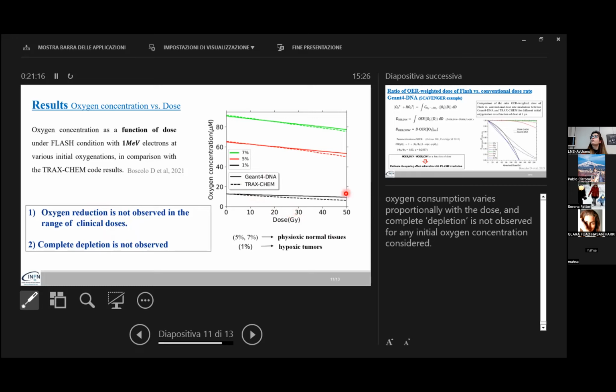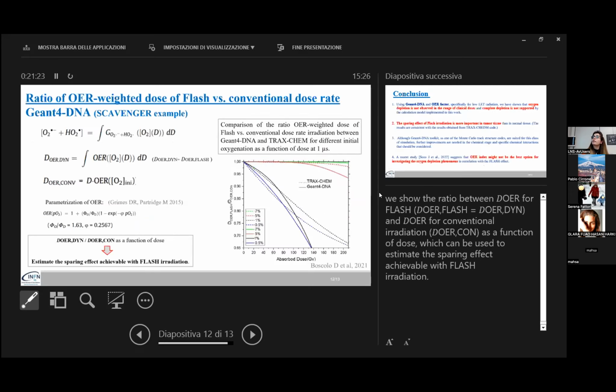But I can show you in the next slides, for example, at more than 120 gray, we can see oxygen consumption, not complete oxygen consumption.